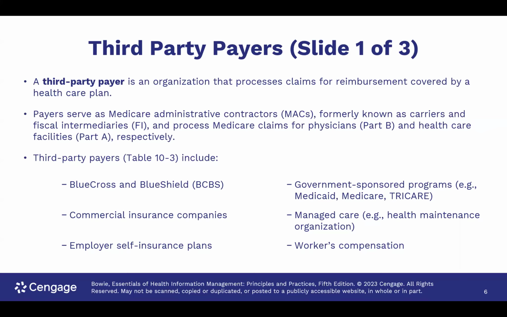Third-party payers that are mentioned in Table 10-2 include Blue Cross Blue Shield, commercial insurance, and employer self-insurance plans. The government-sponsored programs, such as Medicaid, Medicare, and TRICARE, managed care companies, and workman's comp, right? These are all payers.